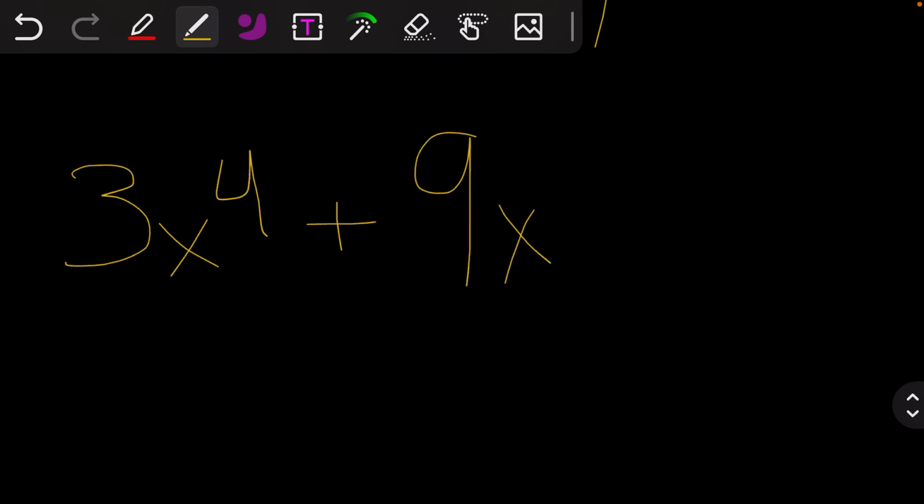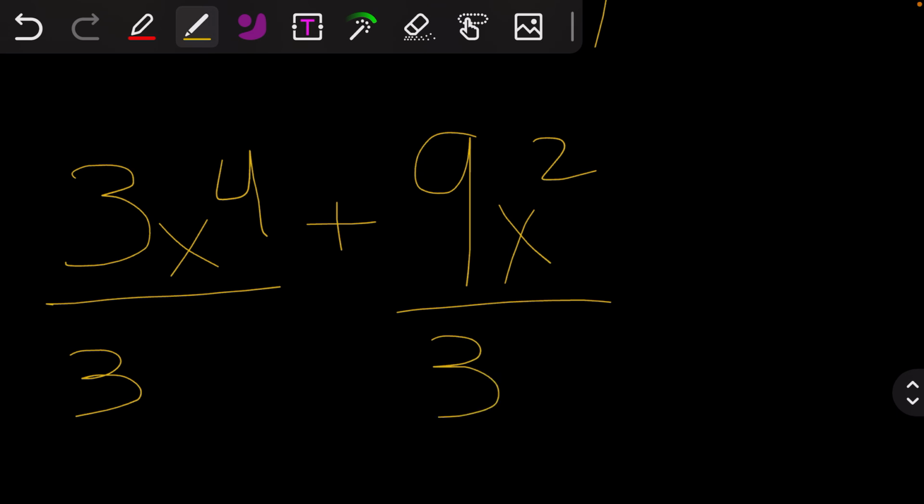3x to the 4th power plus 9x squared. So let's see. Out of these coefficients, I know we can factor 3 out of both of those coefficients, and out of the two variables, we can factor out x squared.